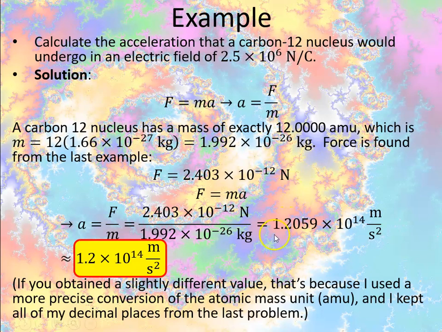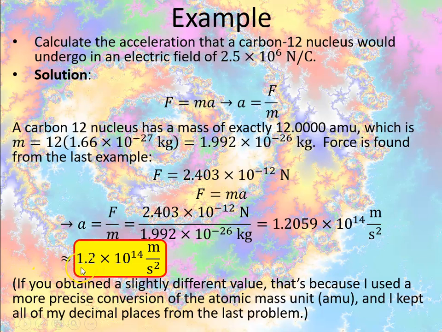And if you obtained a slightly different value in the non-rounded result, that's because you might have used a less precise calculation. You might not have plugged in the full value for the atomic mass unit, or you might not have plugged in the full value for the force that we determined in the last problem. But I kept all of my decimal places, which is what you should do too. So hopefully, at least upon the rounded result, you got 1.2 times 10 to the 14 meters per square second.